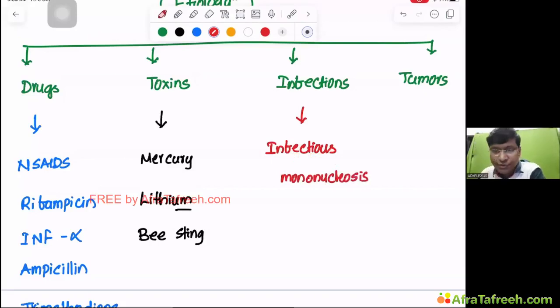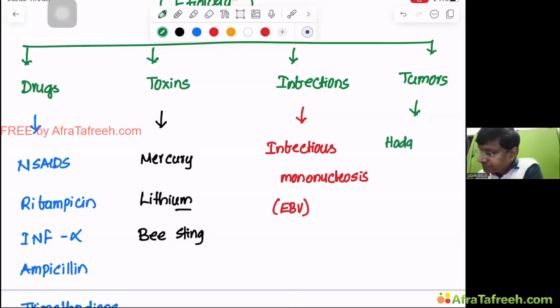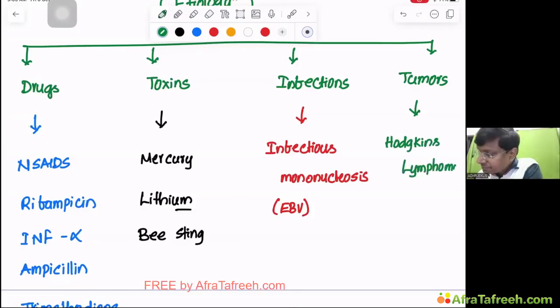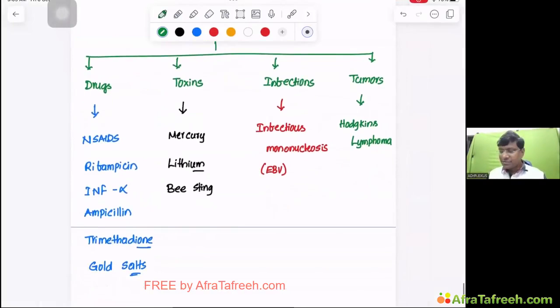Coming to the tumors, the tumor that will be causing minimal change disease is Hodgkin's lymphoma. So these are all the etiologies which will be causing minimal change disease.